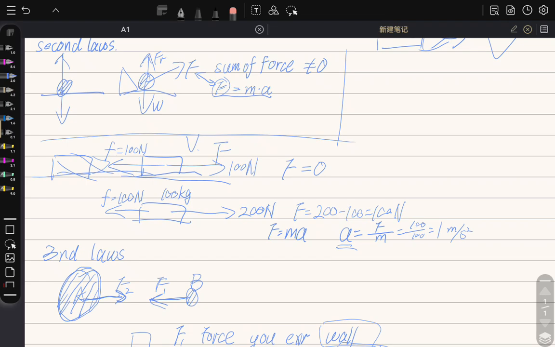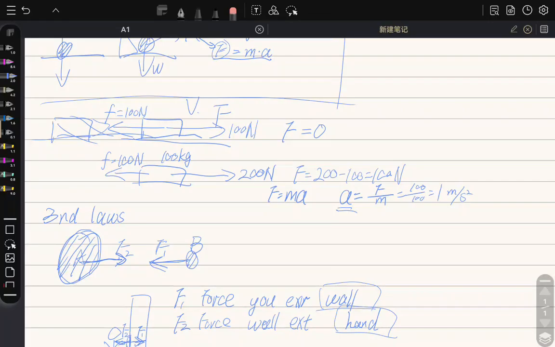And now the car is at constant velocity, but when it accelerates, the car gets a force of about 200 Newton, and the resistance force is still 100 Newton, and the mass of the car is 100 kilograms.